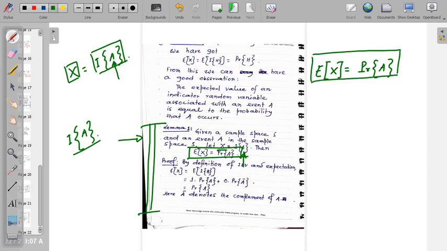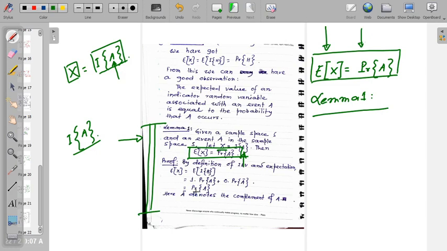This is the lemma that will come up time after time in our analysis. I call this lemma 1. Try to remember lemma 1. Whenever I say lemma 1, you should associate it with the mapping from expectation to probability.